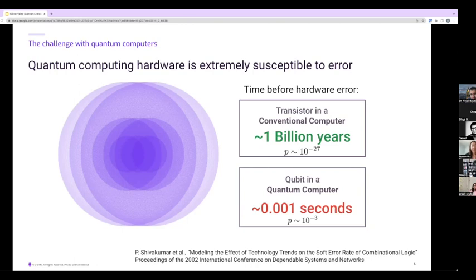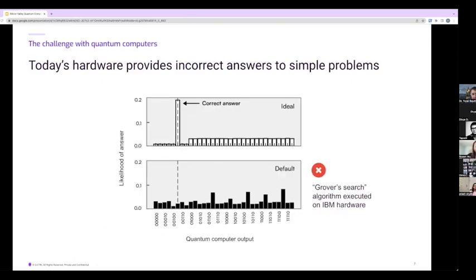And so, as you can probably surmise, it is extremely detrimental if there are errors being introduced on the order of milliseconds to the system. And what this results in is we'll see that if you try to run an algorithm, even a fairly simple algorithm, such as in this case, we're showcasing the results of Grover's search, a small circuit of just 5 qubits.